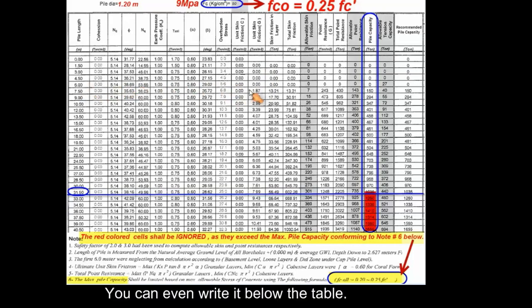You can even find it written below the table, in one of the notes: the first 6 meters were neglected from the calculation. Because of the basement, it is not considered at all, even if the soil is strong. Therefore, whether the soil is very weak or not, the basement will be there. So there is no skin friction component up to 6 meters.